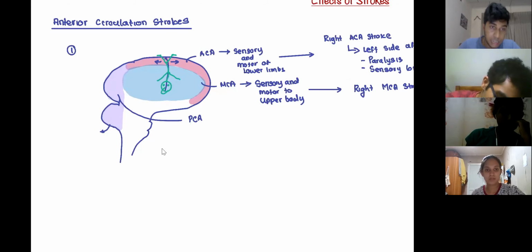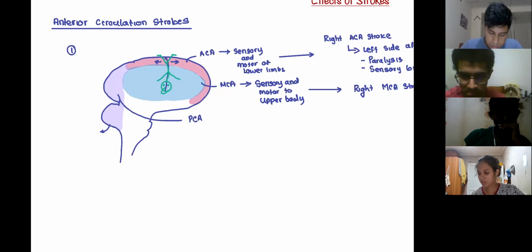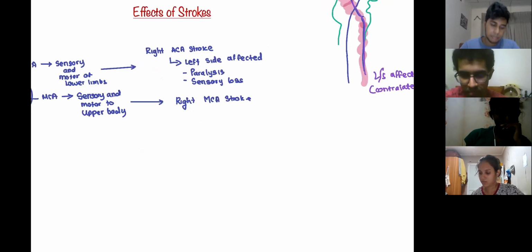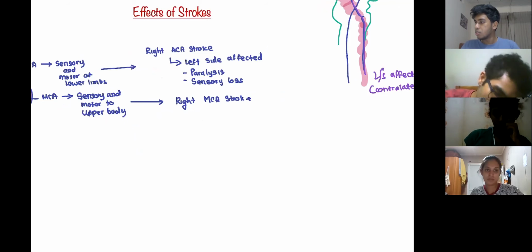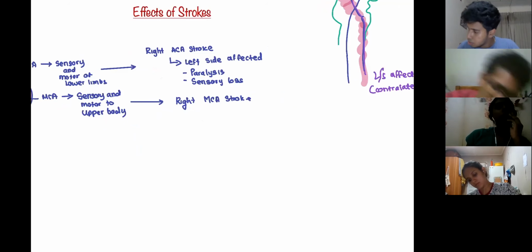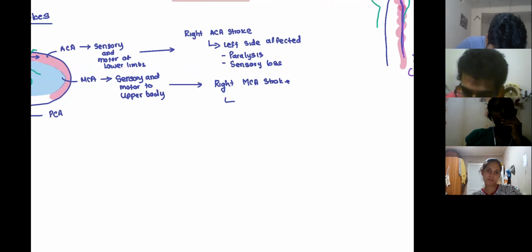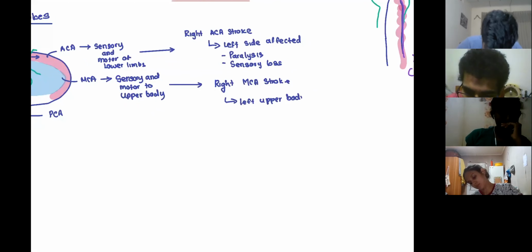We have several diagrams, and right now we are talking about the effect on motor and sensory of the person. Right MCA stroke, left upper body affected.